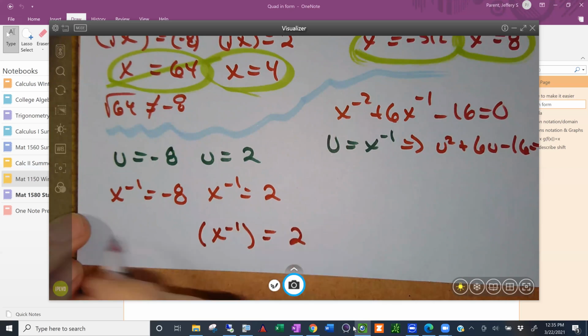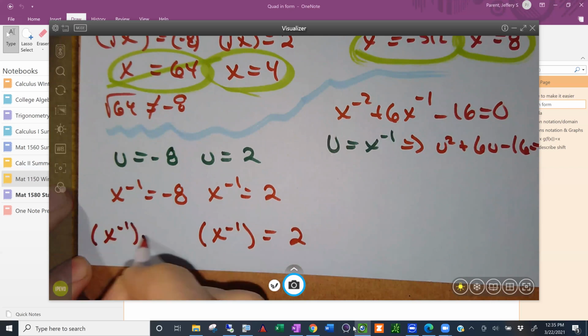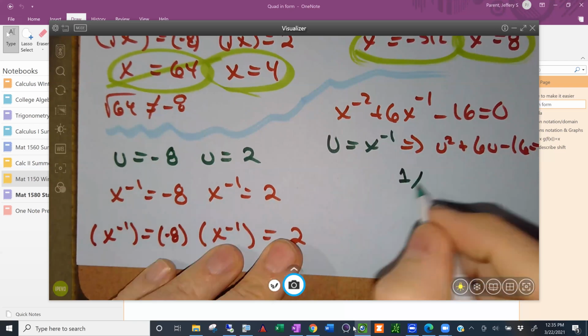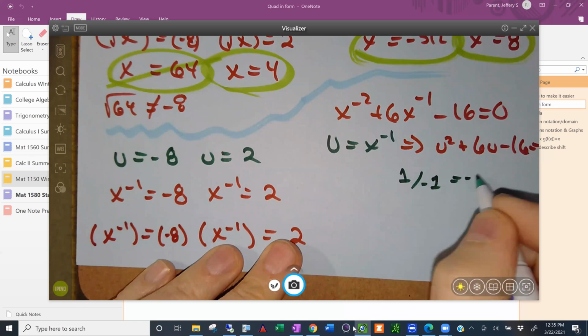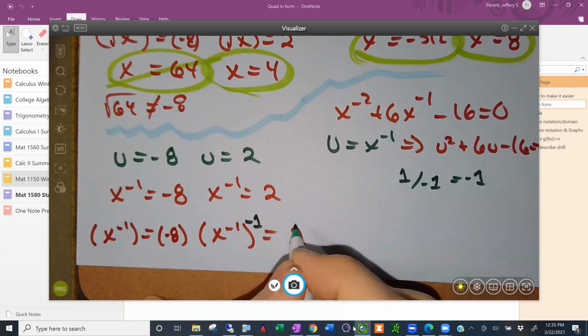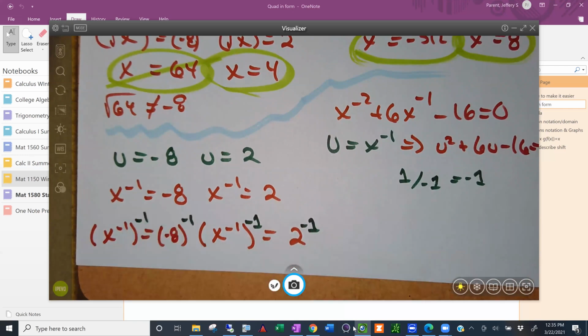The weird thing about this one is what the reciprocal power is. The reciprocal of negative 1, if I do 1 over negative 1, is negative 1. It's its own reciprocal, which is kind of strange.